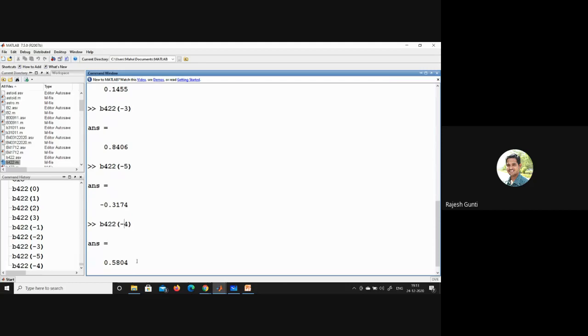So in that case, the initial value plays a vital role. You have to mention the initial value. You have to start somewhere. So here, there is the importance of the initial value.